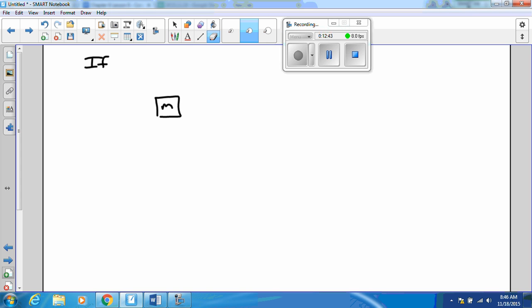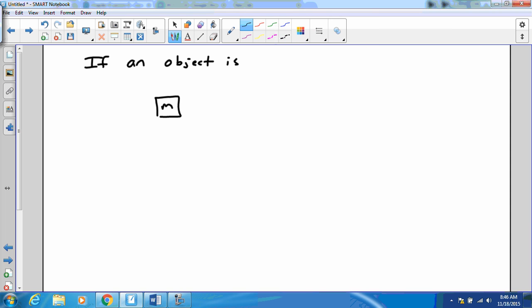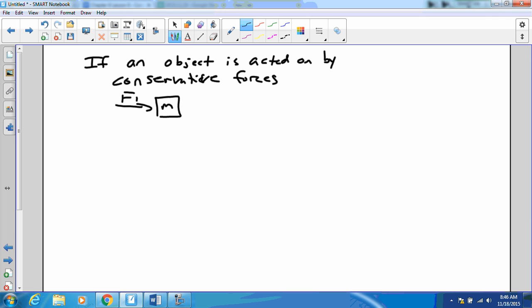So our setup is, if an object, not any object, if an object is acted on by conservative forces, and let's have some here, F1 and F2 and F3. Right, so we've got conservative forces acting on it.